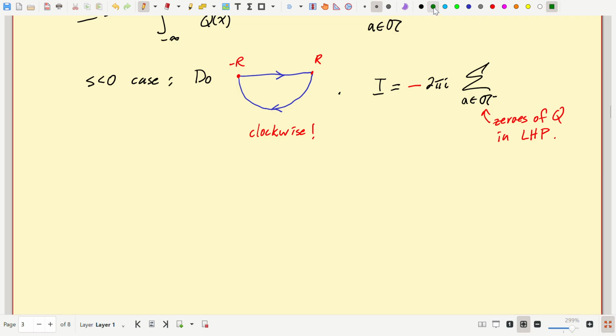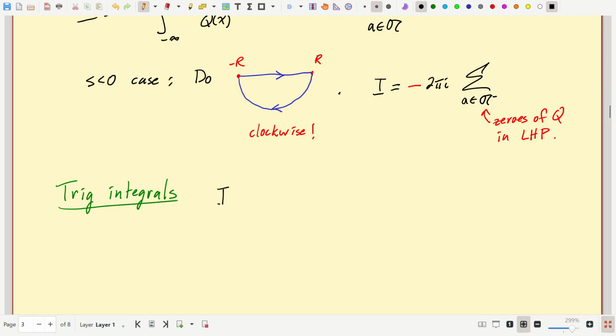The next exciting one, these are fun, so I don't mind taking an extra lecture to talk about them. Trig integrals. So I guess I'll illustrate this with an example.